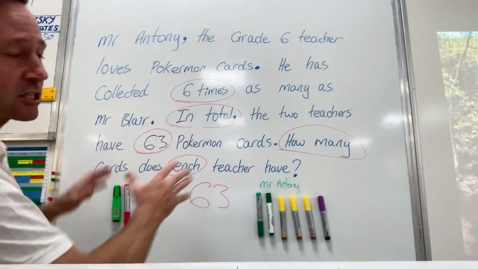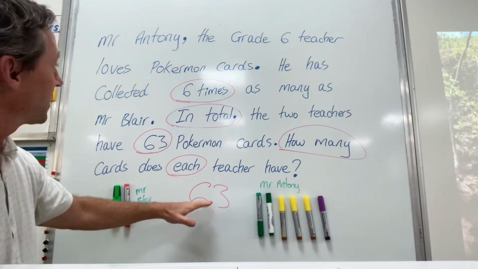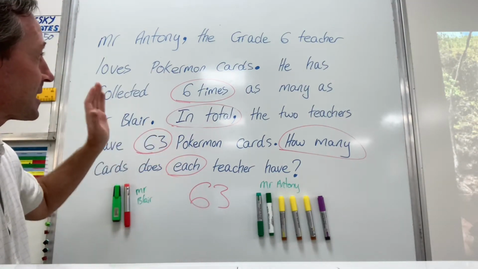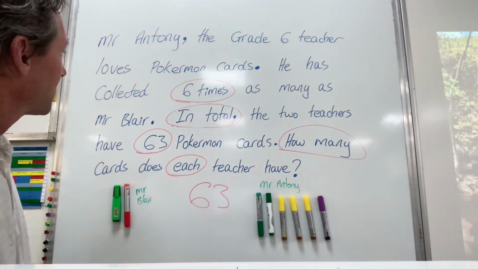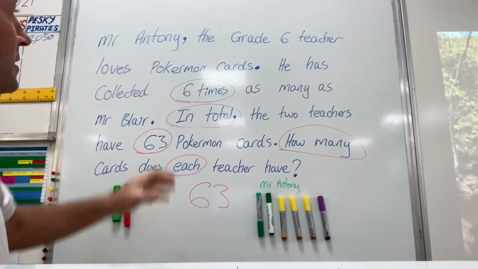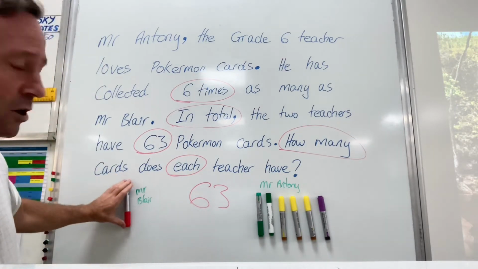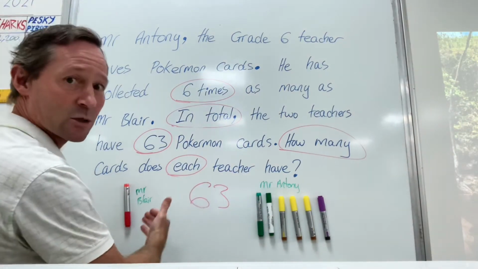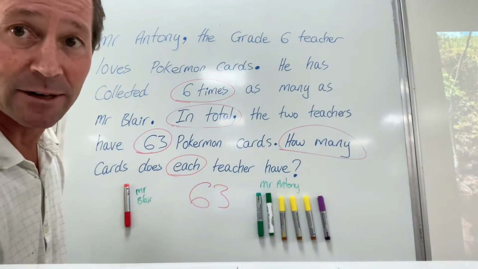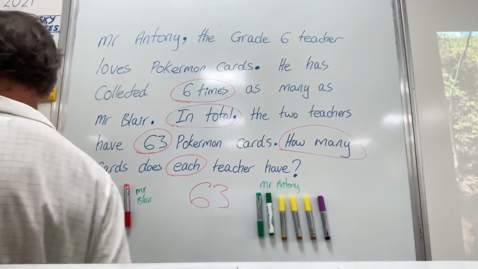So when you get to this sort of situation, we know in total there's 63. Mr. Anthony has 6 times as many as Mr. Blair. So in order to do this, if I take that one away, I have 1, he has 6 times as many. 6 plus 1 is 7. So 7 is my key.